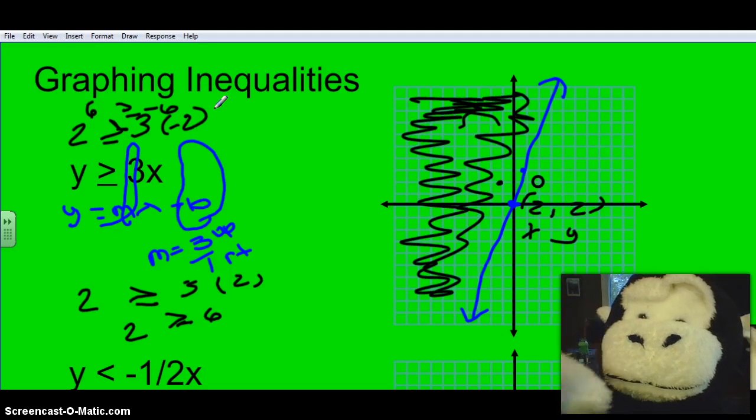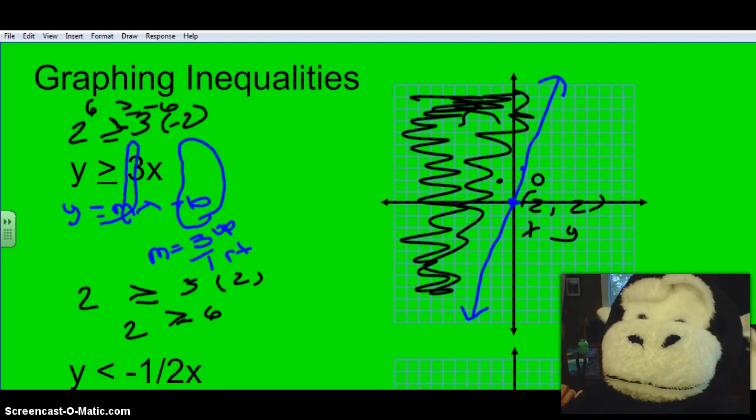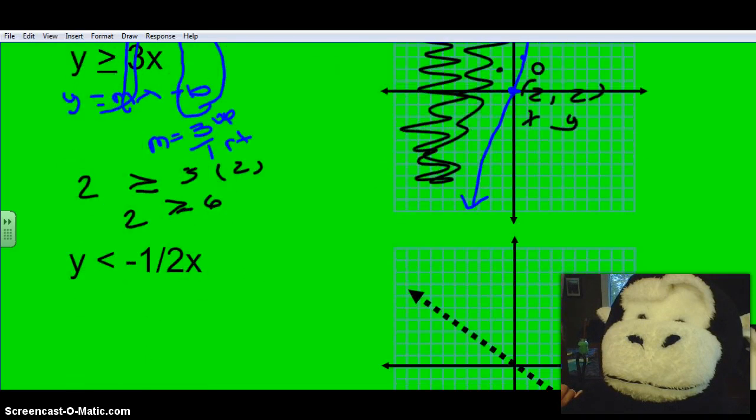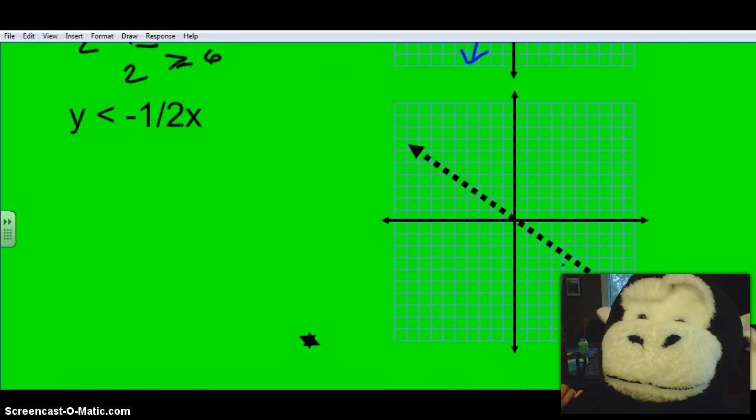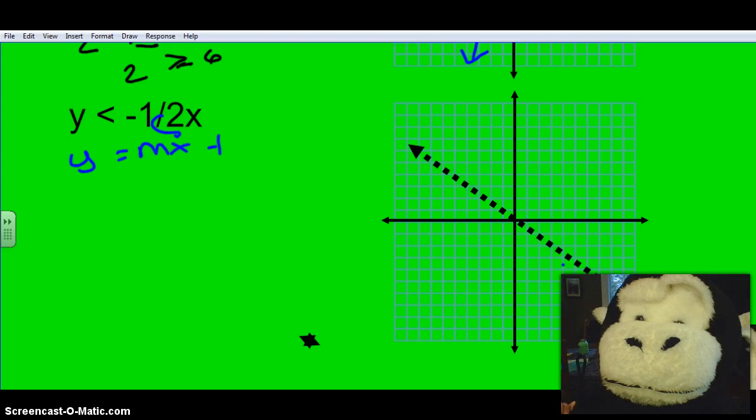So let's look at one more example. So here I can see, again, I have an inequality. So I have y equals mx plus b.